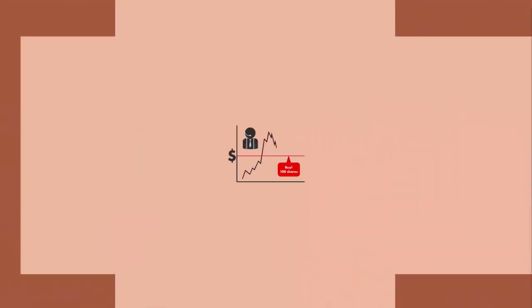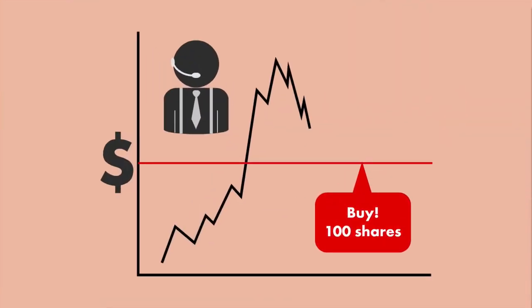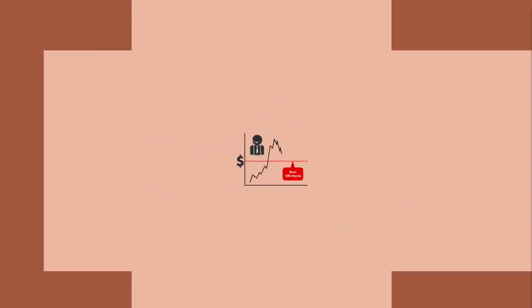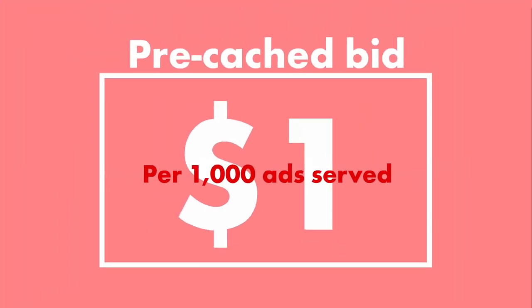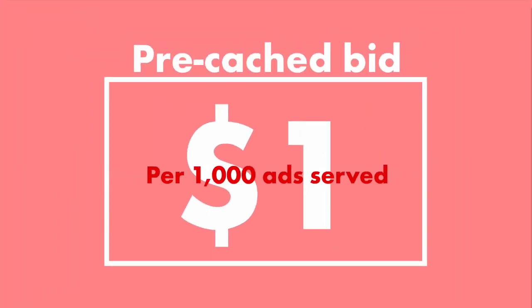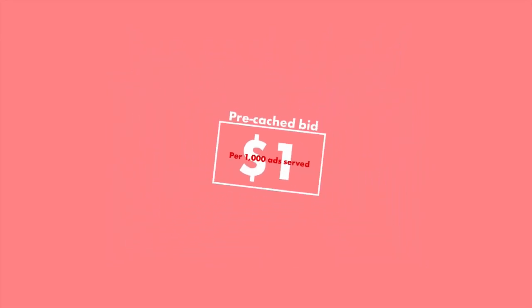Now, in the same way that I can tell a stockbroker, I will buy 100 shares of some stock the moment it falls below a certain price, buy-side systems can tell the exchange that they will pay $1 per 1,000 ads displayed to males 35 to 50 years old living in the Pacific Northwest. This is called a pre-cached bid. If fulfilled, it will speed up the process of filling a real-time or programmatic order for an ad.